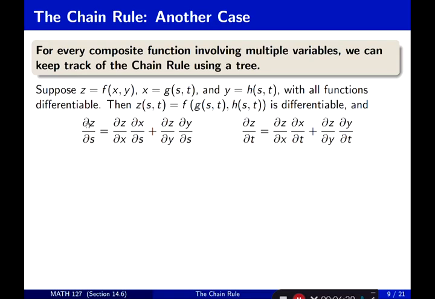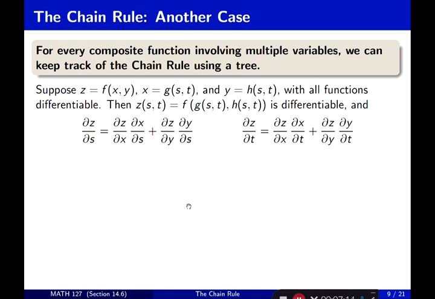The formula is: the partial of z with respect to s is equal to the partial of z with respect to x times the partial of x with respect to s, plus the partial of z with respect to y times the partial of y with respect to s. And the partial of z with respect to t is the partial of z with respect to x times the partial of x with respect to t, plus the partial of z with respect to y times the partial of y with respect to t.